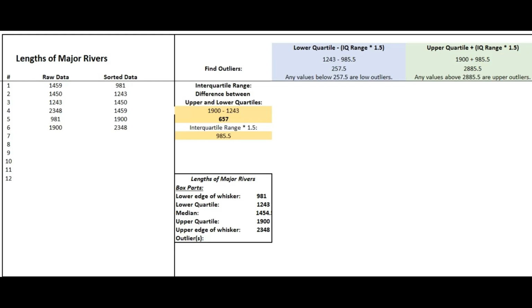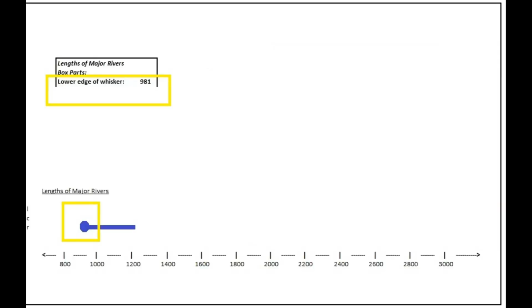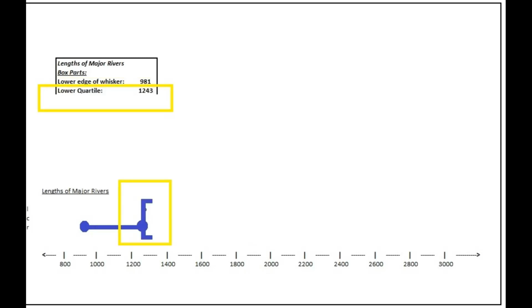So let's build that box. The lower edge of our whisker is 981. 1243 is our lower quartile, so that great big dot sitting a little bit to the right of 1200, that's where that dot's actually going to be.